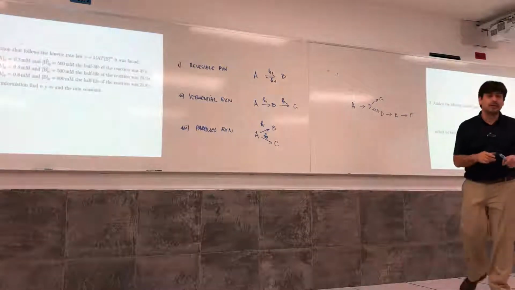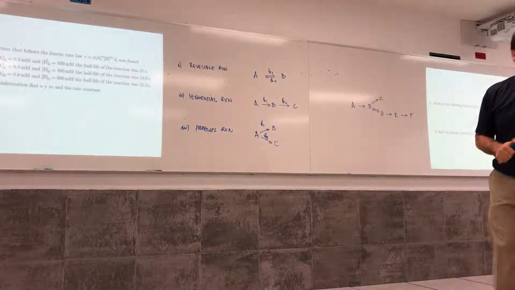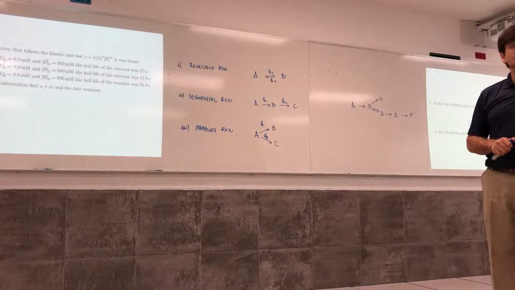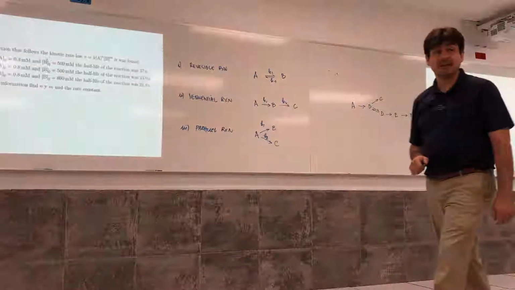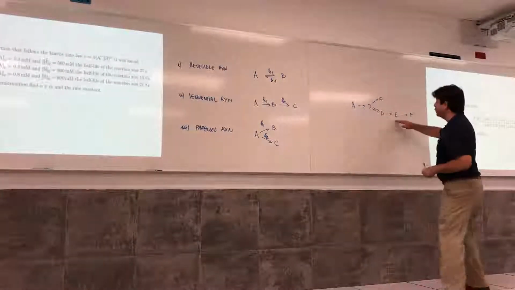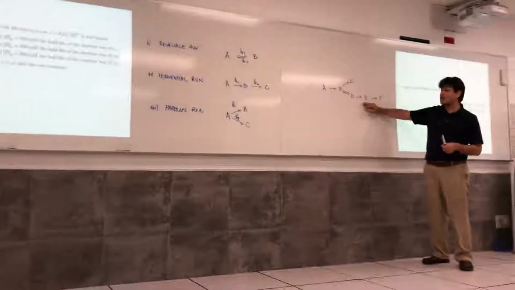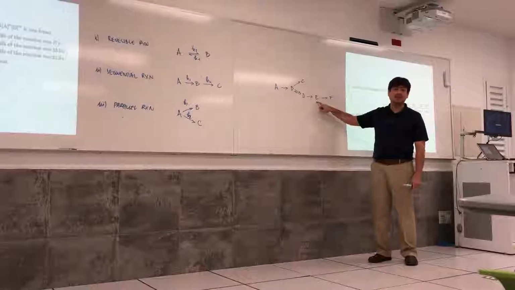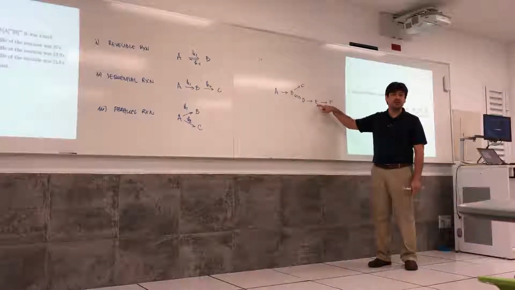Yes? The K can be used to calculate the percentage of a molecule that we have. Exactly. That will be our purpose. Because you will have to look at this, and probably your target is E. Get E. That is your product.